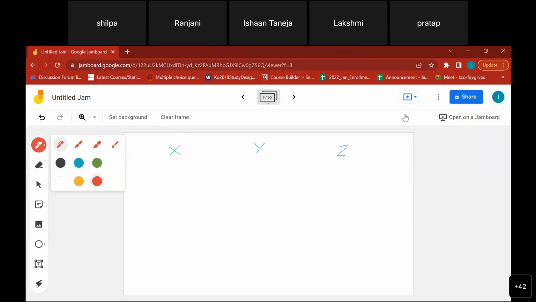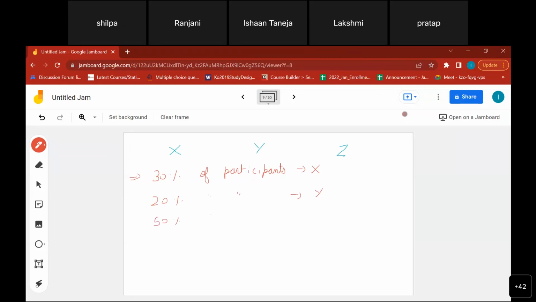And we have organized a tournament or some competition. The given information is that 30% of participants are from college X. Okay. 20% of participants are from college Y. And 50% of participants are from college Z. Okay.